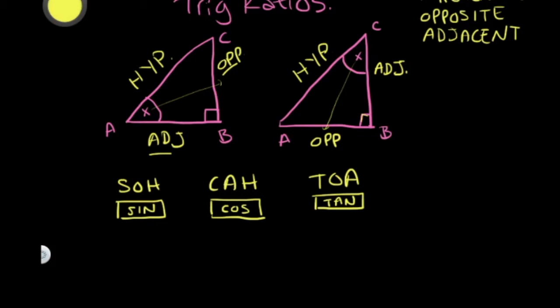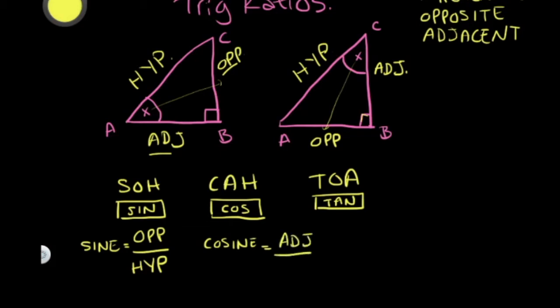We use SOH CAH TOA to remember which sides of the triangle we are using for which ratio. So for example, sine is opposite over hypotenuse. Cosine is adjacent over hypotenuse. And tangent is opposite over adjacent.